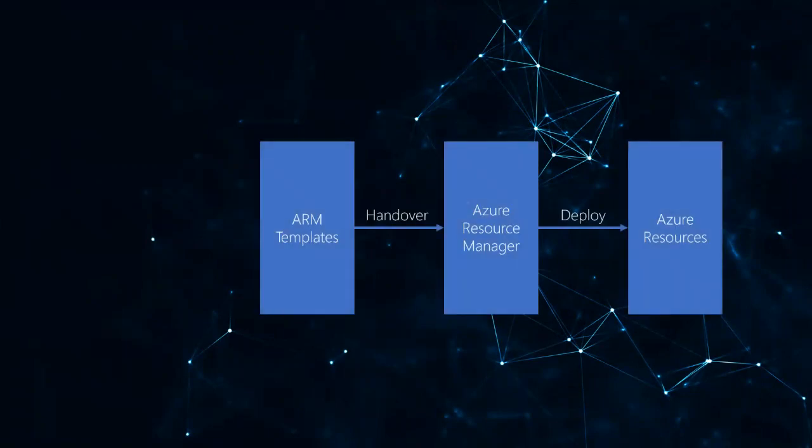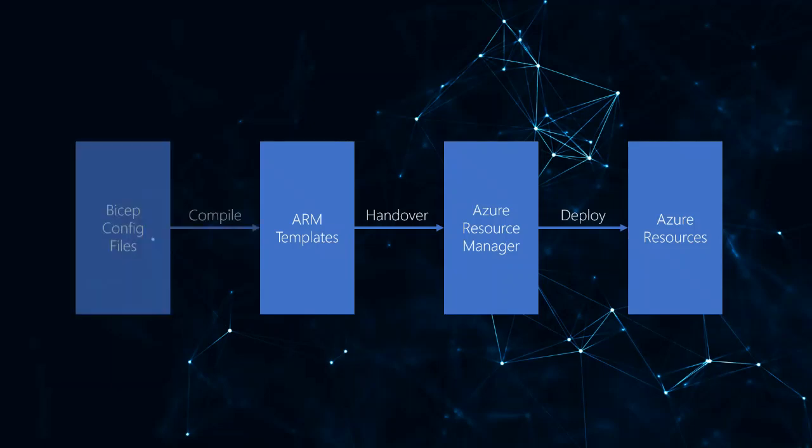If we take a look at the schema, how this looks like, this is what we had until now. When we wanted to describe infrastructure as code, we created an ARM template, and then handed this over to the Azure Resource Manager, and the Azure Resource Manager either deployed the appropriate Azure resources or updated existing Azure resources based on our configuration. And that will still stay the same, as I mentioned.